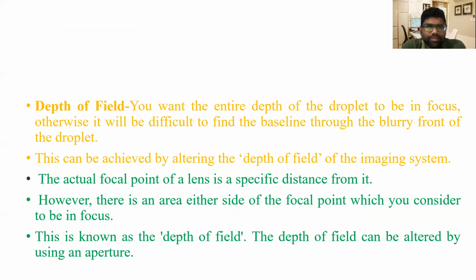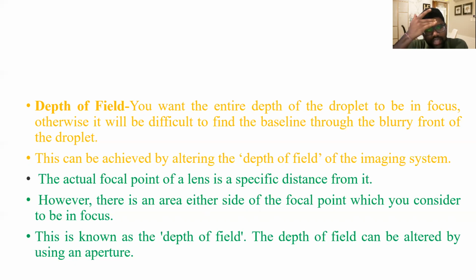Now, depth of field. We want the entire depth of the droplet to be in focus, otherwise it will be difficult to find the baseline through the blurry front of the droplet. This can be achieved by altering the depth of field of the imaging system.